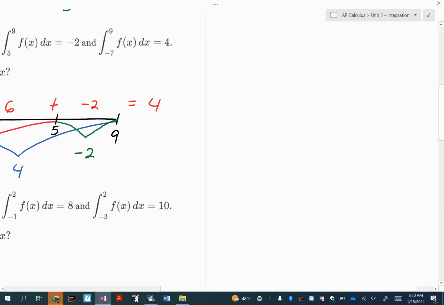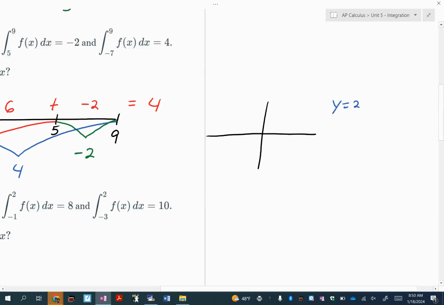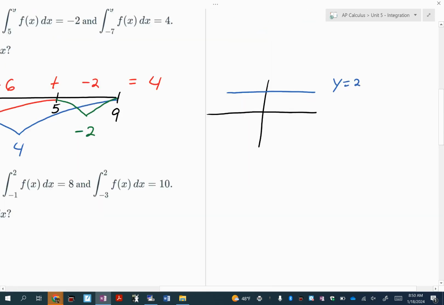If I were to graph a y value of 2, so if I graph y equals 2, it's going to be this line here. And we're going from, is it -7 to 5? Yes. So here's -7, and here's 5. If I make the area under the curve, Jimena and Anita, do you see how it makes a rectangle?